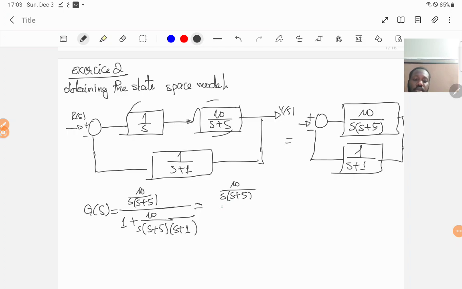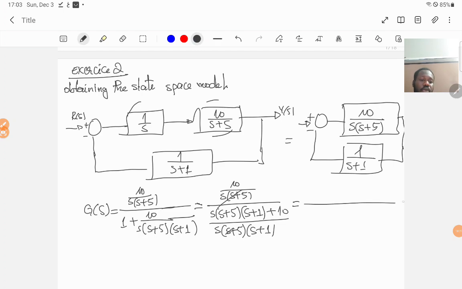so we'll have 10 over s, and this one will be s plus 5, s plus 1 plus 10 over this amount. So I have to simplify those, and our equation will be 10 over s plus 5, s plus 1 plus 10, and in here it remains only s plus 1.